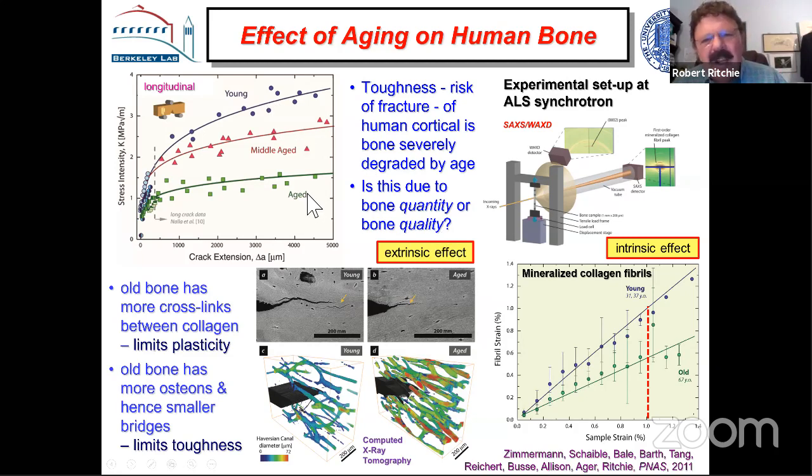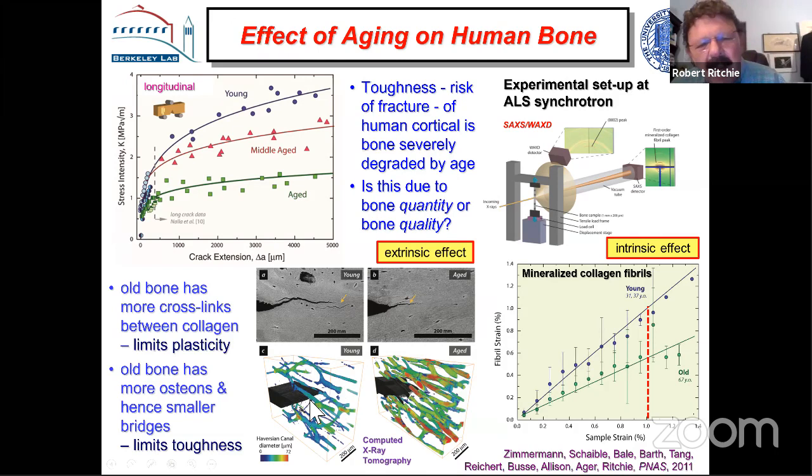So why is there this degradation? Well, again, you can look at the intrinsic and extrinsic notion. Extrinsically, I'm looking here at these little bridges that I talked about that are formed with the cracks forming at the osteonal boundaries. This is in young bone, but if you look at old bone, and these are tomographs, these colored regions here are the osteons, and the color represents their width. Young versus old, you can see that there's far greater density of osteons as you get older, excessive remodeling and so forth.